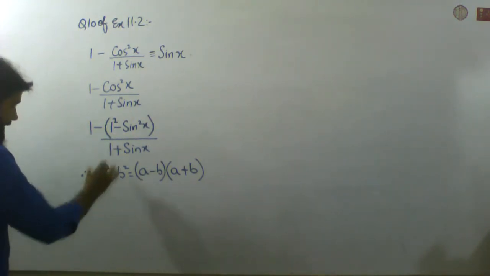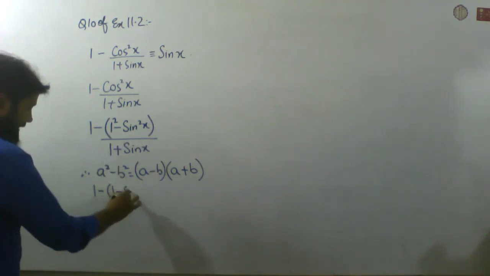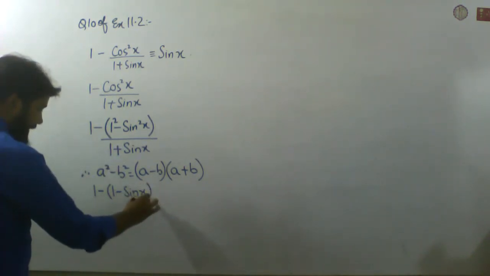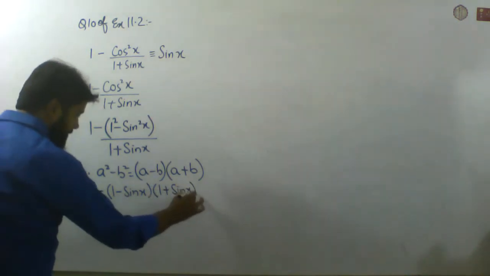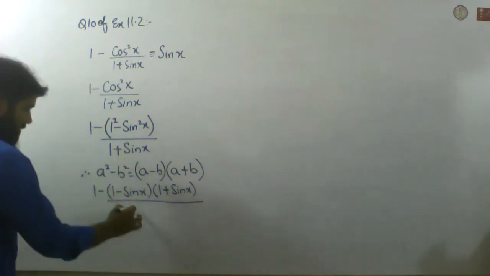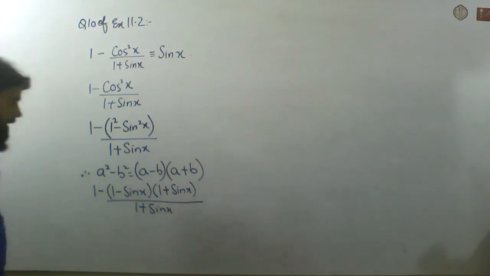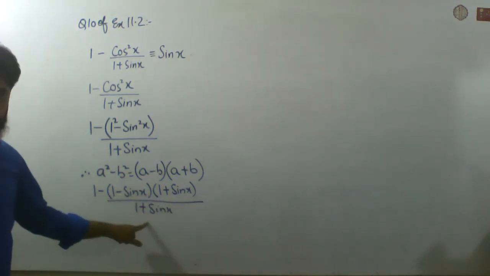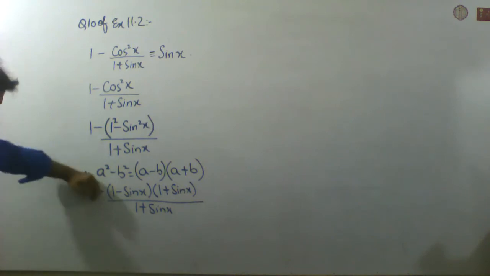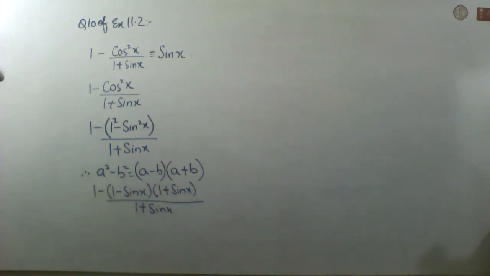So (1 minus sin x) into (1 plus sin x) upon 1 plus sin x. These two are in product form, and 1 plus sin x is under this one, not under this. 1 plus sin x is only under this part.